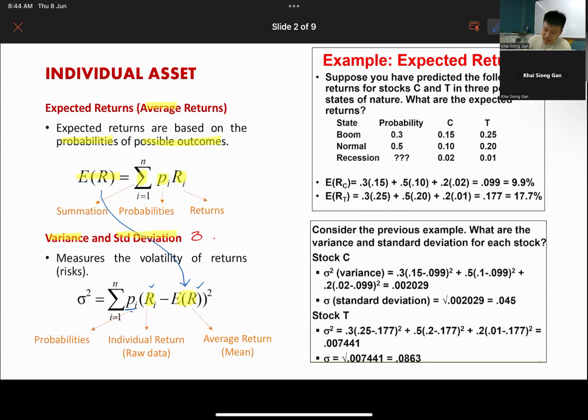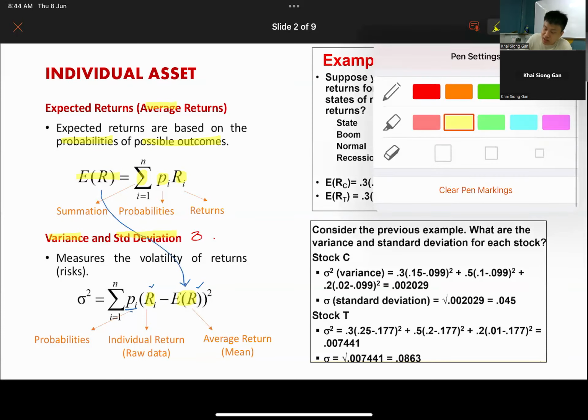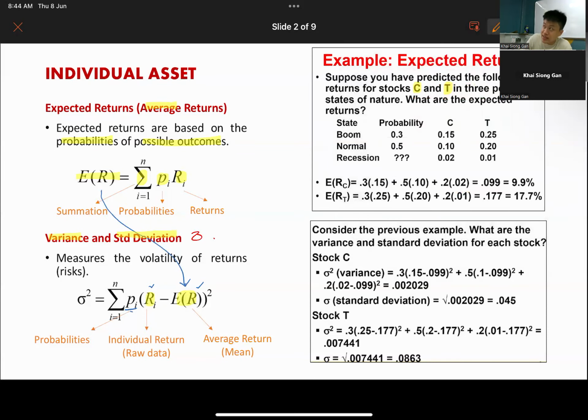So I'm going to use an example to show you. Suppose you have predicted the following returns for stock C and stock T, two assets, in 3 possible states of nature. What are the expected returns? We are looking at it as a single asset.